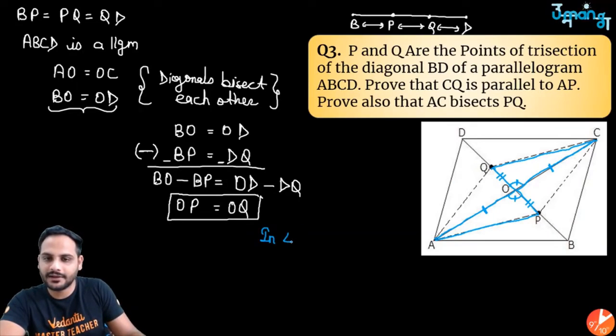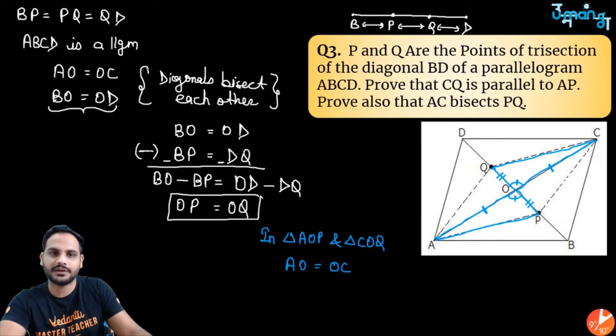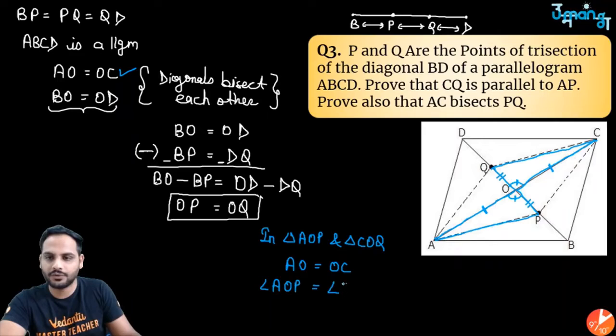So in triangle AOP and triangle COQ, बेटा first thing, AO is equal to OC, diagonals bisect each other. Then angle AOP is equal to angle COQ because they are vertically opposite angles, and then OP is equal to OQ.